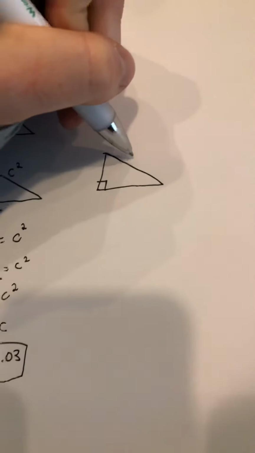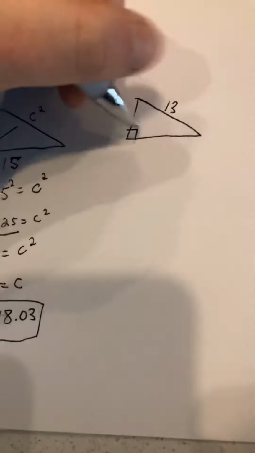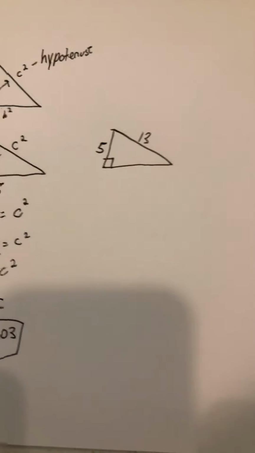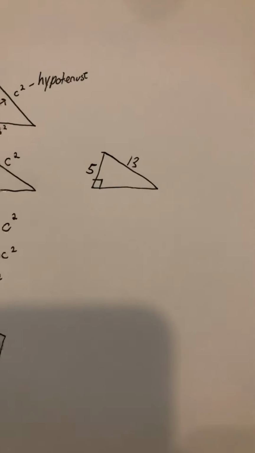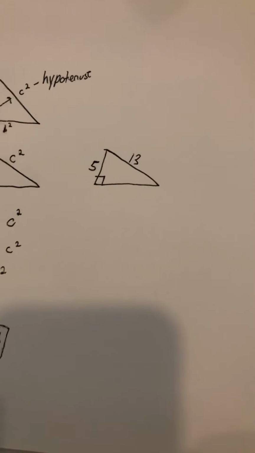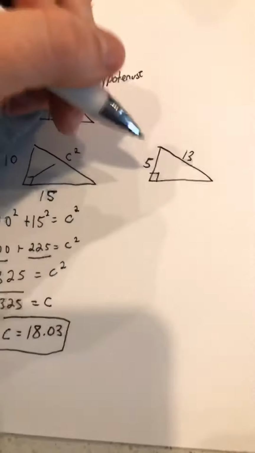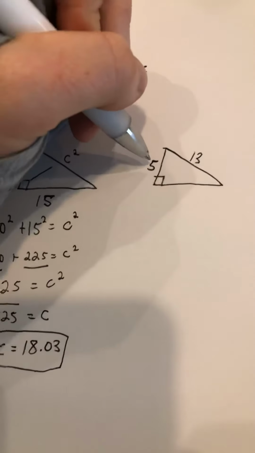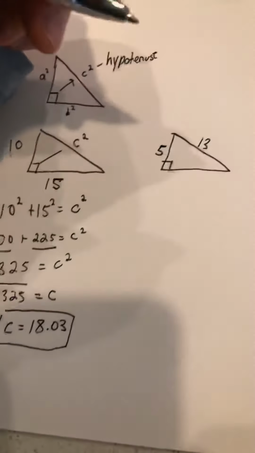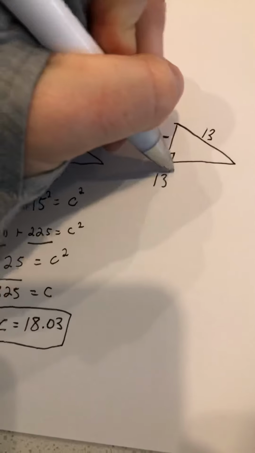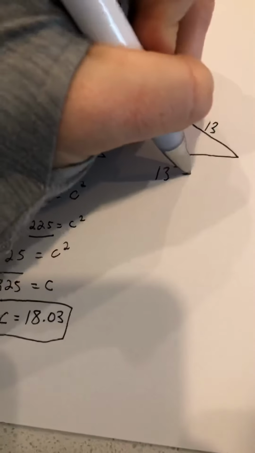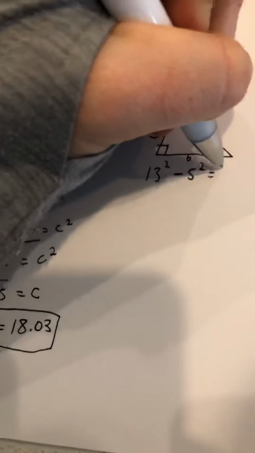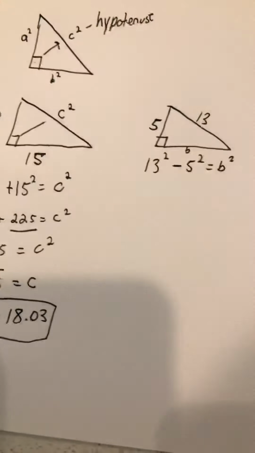Our other one that we might see is when we're missing one of the legs. So let's say our hypotenuse is 13 and this side is 5. Because we have the longest side and a leg, we're going to subtract the squares. So 13 squared, always the big number first, minus 5 squared equals our b squared, which we'll call b.